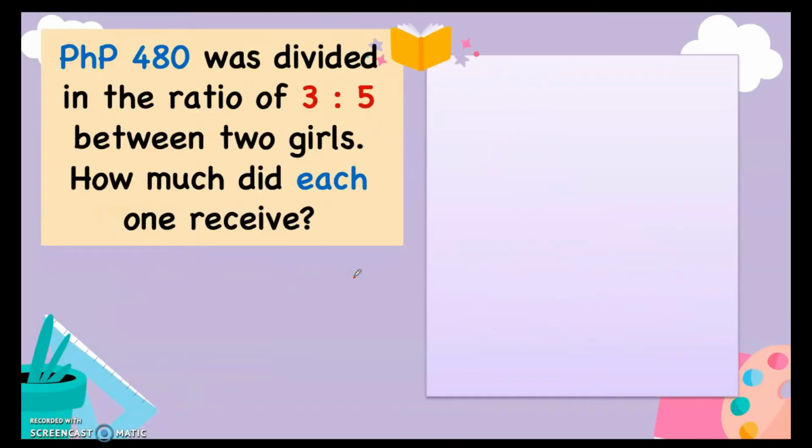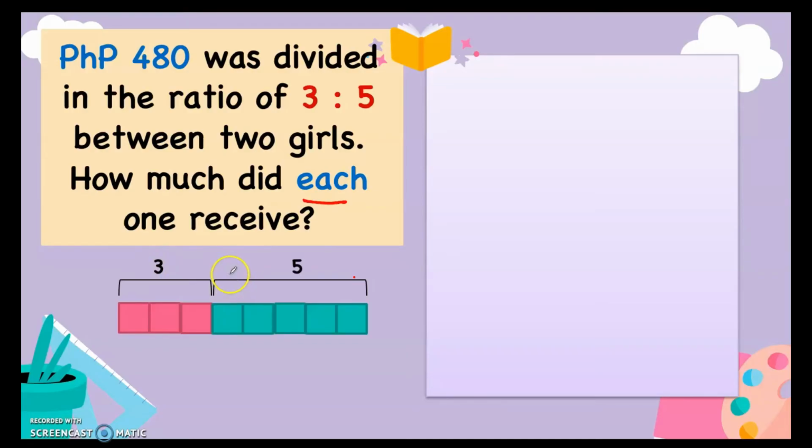Last example. 480 pesos was divided in the ratio of 3:5 between 2 girls. How much did each one receive? So we need to find the value of these 2 terms. We have 3 parts of the whole and 5 parts of the whole, a total of 480 pesos.